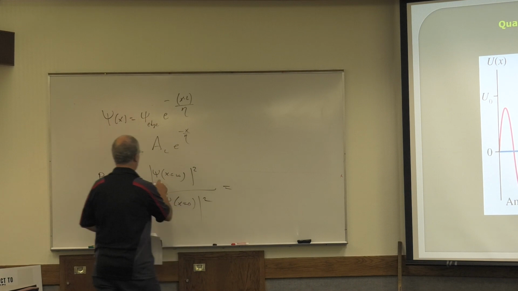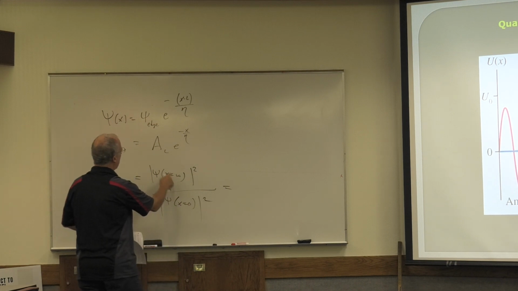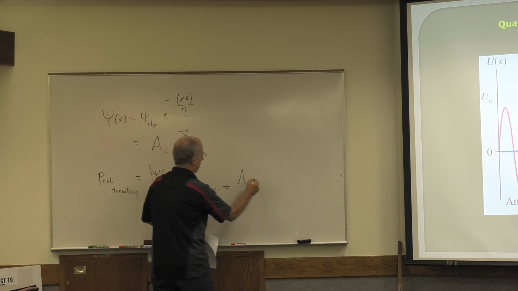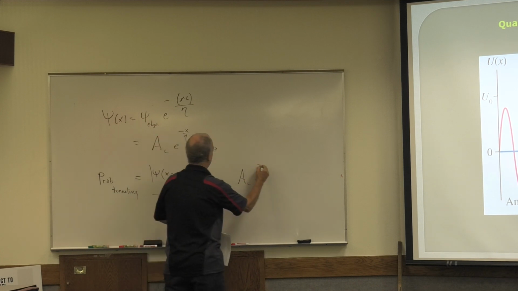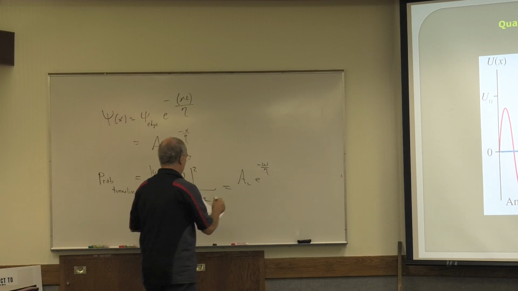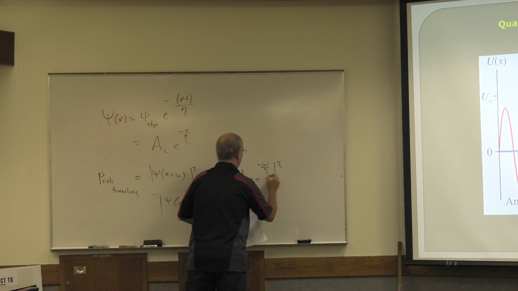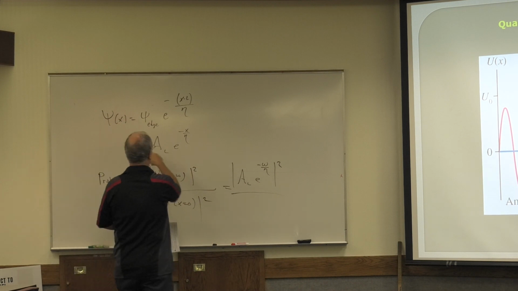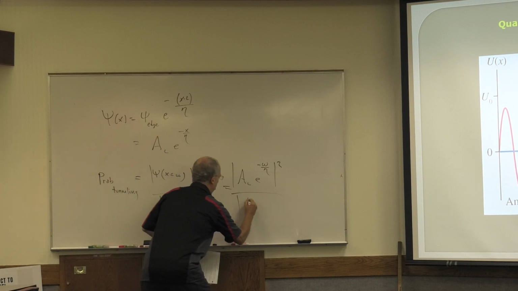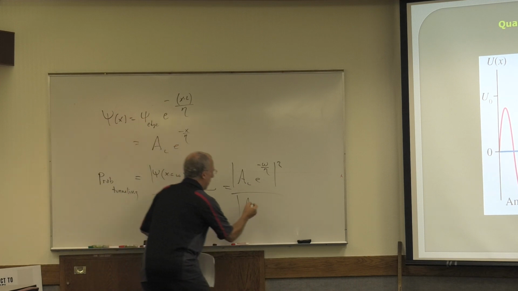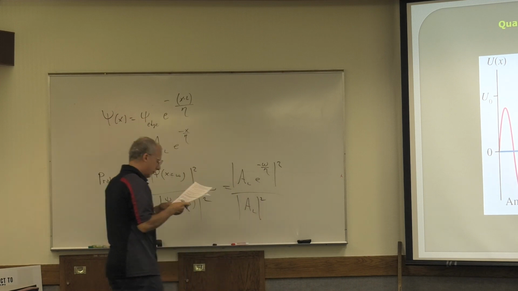All right, so the wave function at w, we just say A_L e to the minus w over eta, but we got to square it, and then we put 0 in here, so we're going to have A_L e to the 0 is 1, so we just have A_L squared.